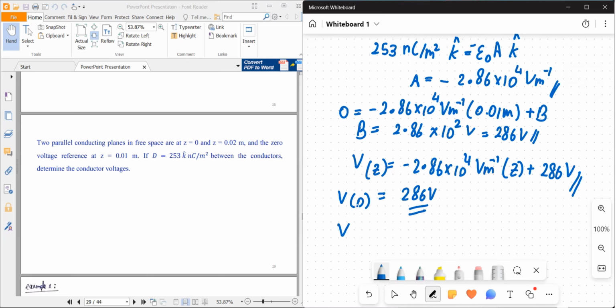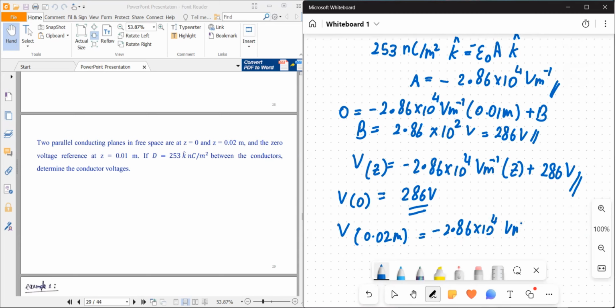Then the conductor voltage for the conductor at 0.02 meters, it is minus 2.86 into 10 to the power 4 volts per meter, 0.02 meters plus 286 volts.